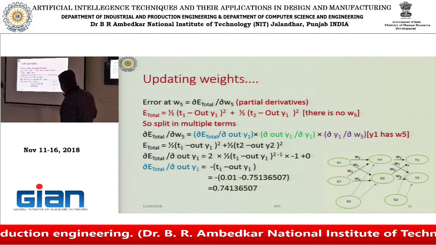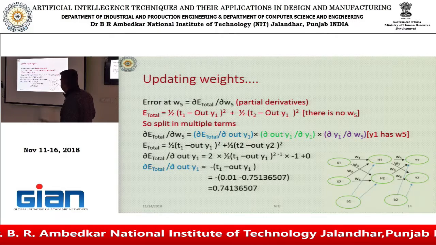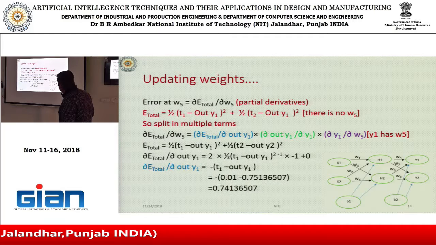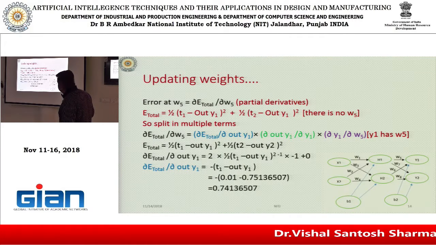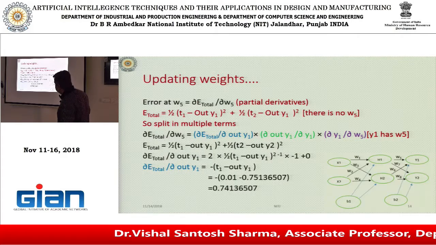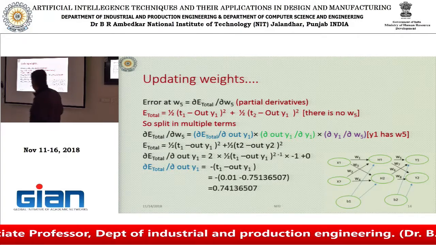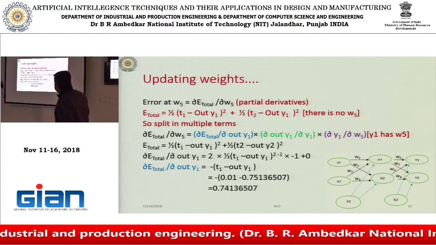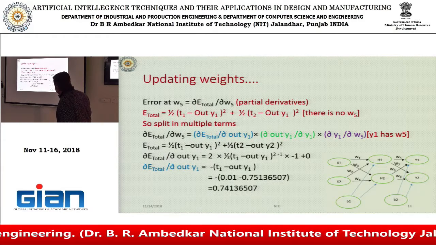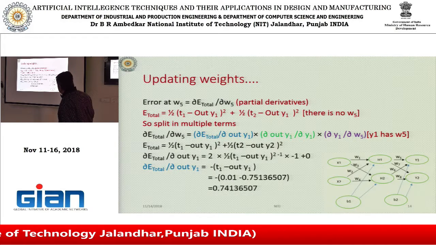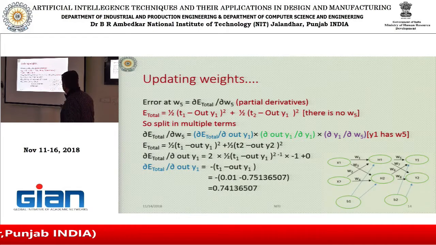Here in y1 I have W5. When you put all these three terms together, this will cancel with this, and this will cancel with this. So you are splitting it into multiple terms. This you know how to do. Now you will calculate each term.